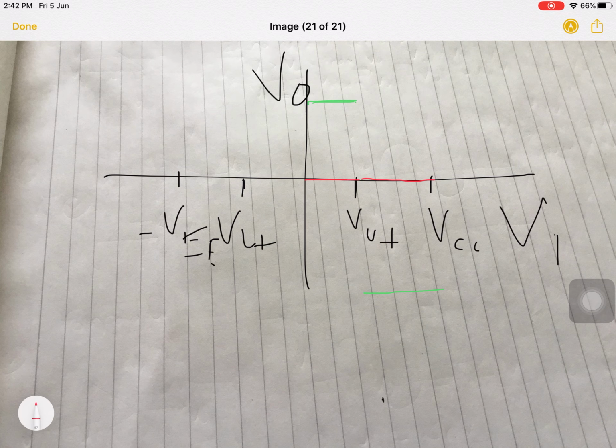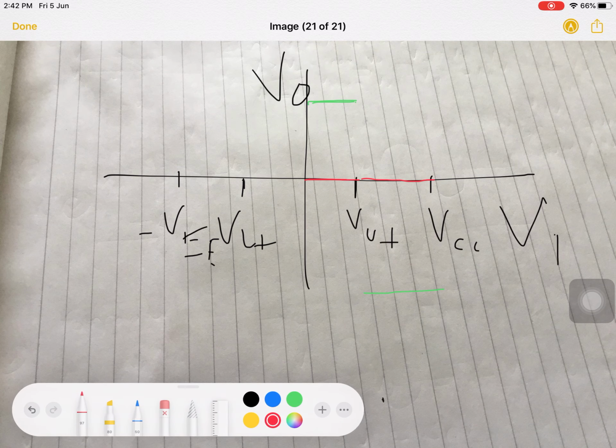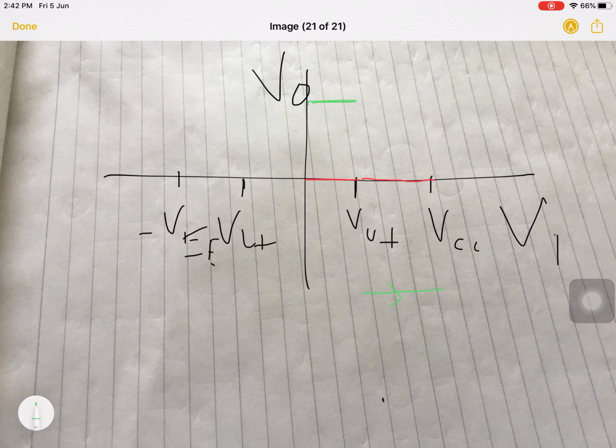When it comes back, it was going in this direction, now it is coming back in this direction, and up to the value of VLT, the output remains constant.